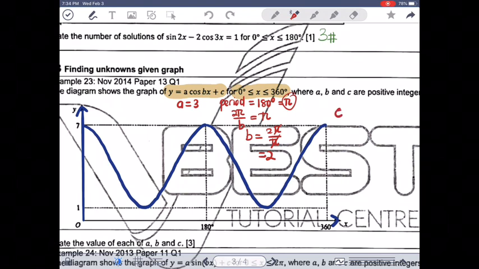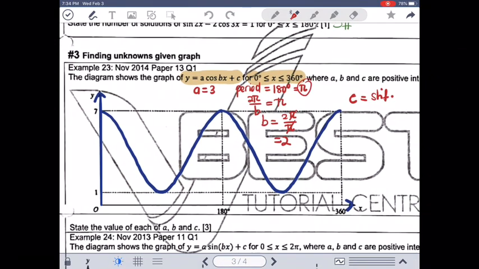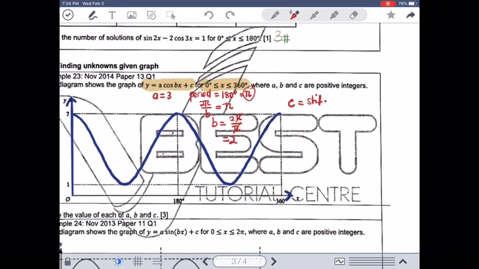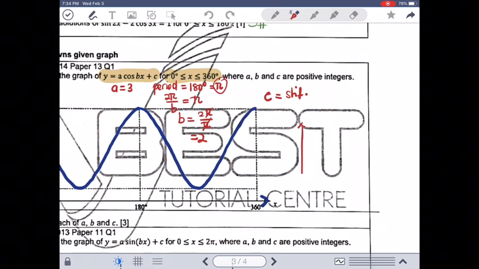How about c? Okay, c is the shift. If you notice, since the amplitude is 3, then the original graph should look like this, 3 and negative 3.